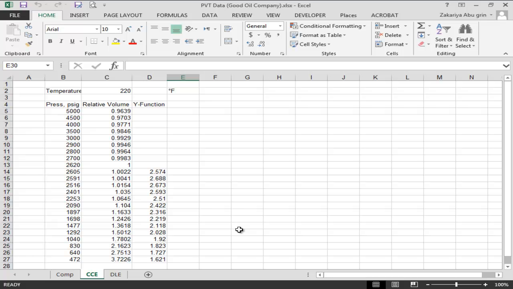So the first step says: define a constant composition expansion CCE experiment in the PVT software and enter the measured data from page 4 of the PVT report. We already have this here, I will show it to you.